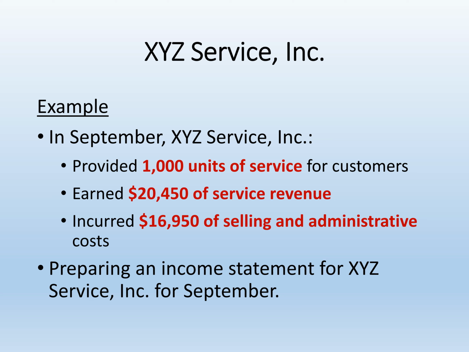Of course, if this was a real firm, you'd have to go to various departments and find out this information for yourself. But on a homework problem or an exam, it's not a real firm. Somebody has to give you all the information that you need to solve the problem. In this case, we're going to use this information to prepare an income statement for XYZ for the month of September.